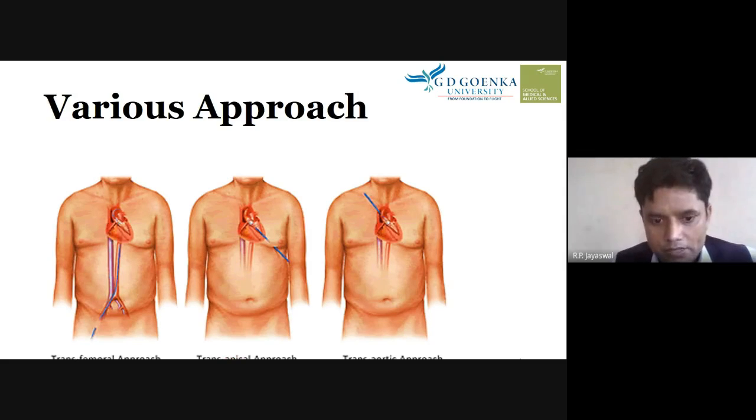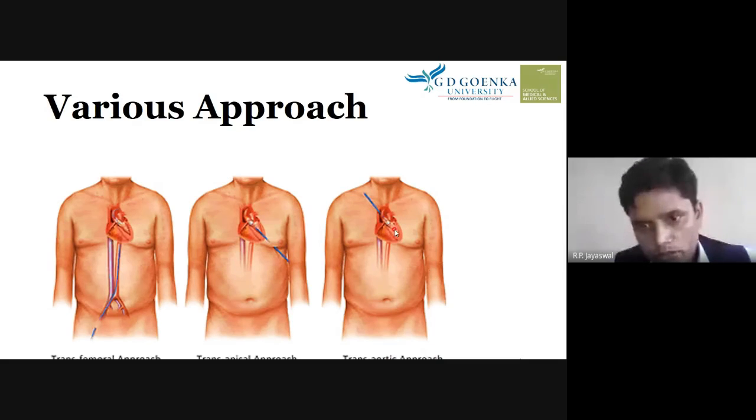Another way is a transapical approach. So we make a small incision through the apical part of the heart. The heart has an apex and a base. So for the apical region, we make an incision, and then we approach to correct the defective heart valve. Then there is the transaortic approach.